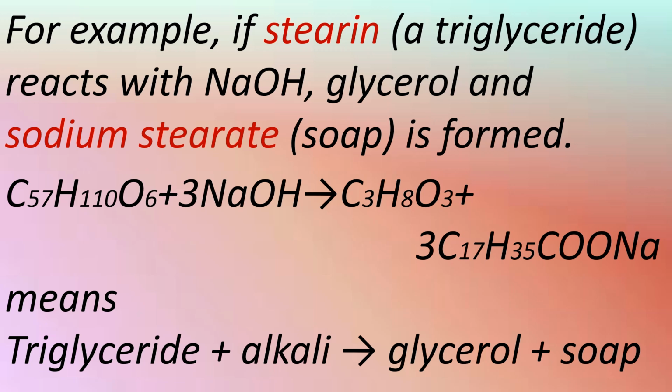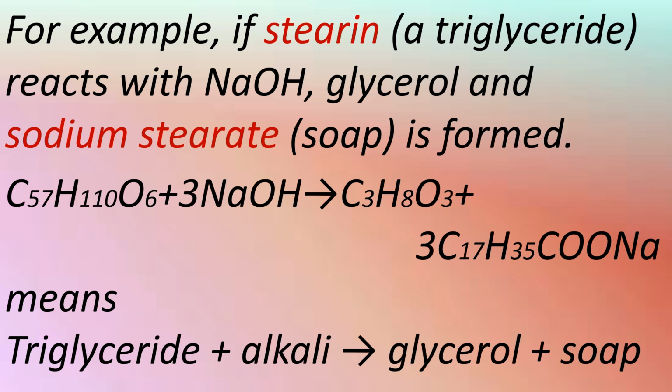It reacts with fat to form C3H8O3, that is glycerol, plus 3 C17H35COONa, sodium stearate, that is soap. So stearin reacts with alkali to form glycerol and soap, that is sodium stearate. You can easily write: triglyceride plus alkali gives us glycerol plus soap.